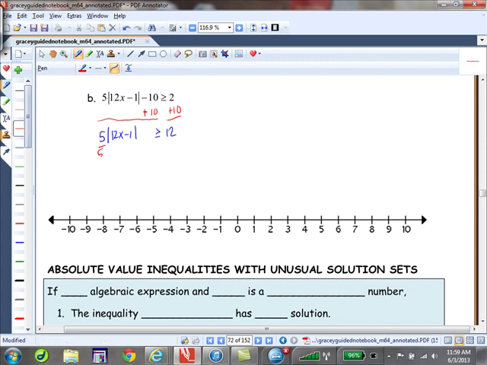And then dividing both sides by positive 5, we will have the absolute value of 12x minus 1 is greater than or equal to 12/5. So now we can apply the definition. We will get 12x minus 1 is less than negative 12/5, or 12x minus 1 is greater than positive 12/5.